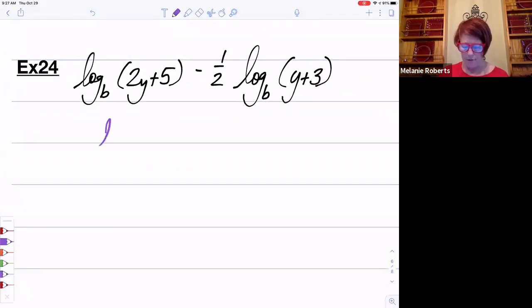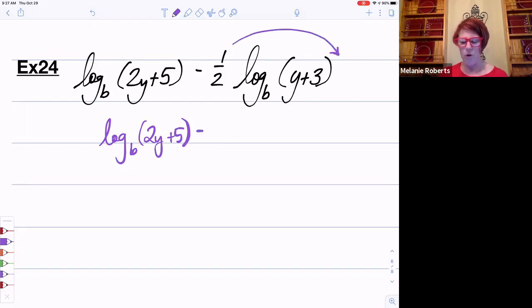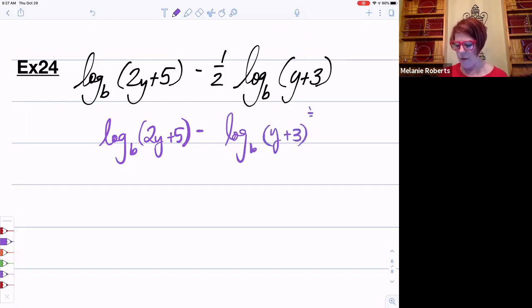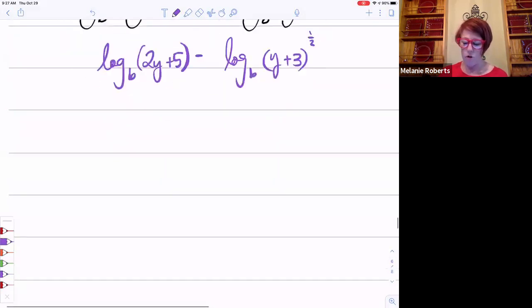So that'll be the first thing. Copy down the first term, log base B of 2y plus 5, minus the half is going to be a power over here. So this is going to be log base B of y plus 3, that quantity raised to the half power. You could write that as a square root if you wanted to. Now I have log minus log. So now I can use my quotient rule.